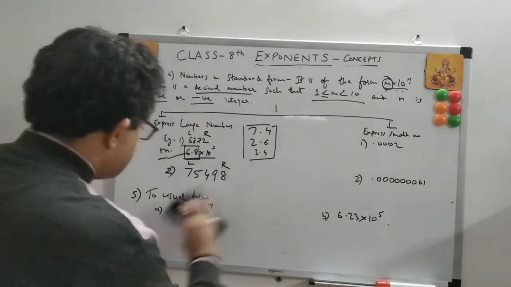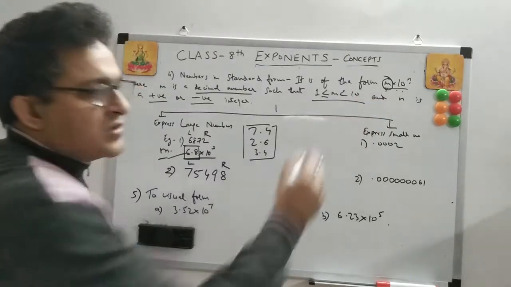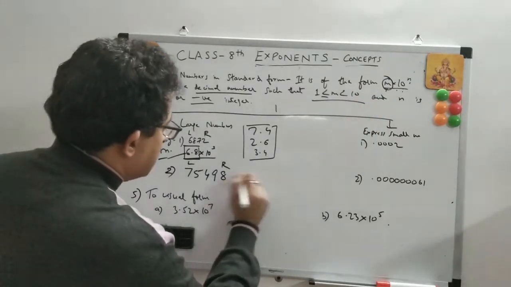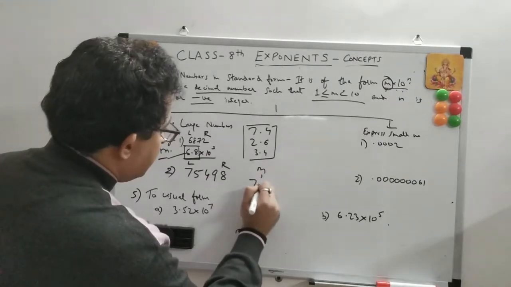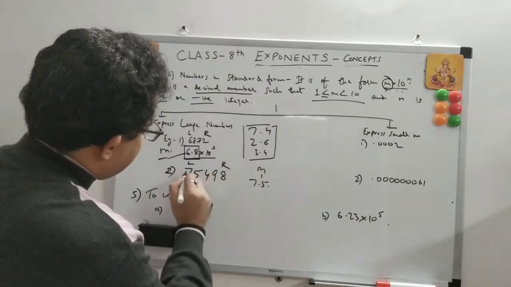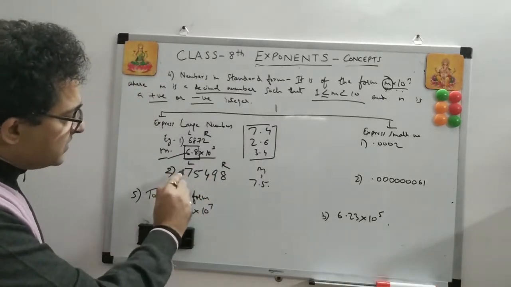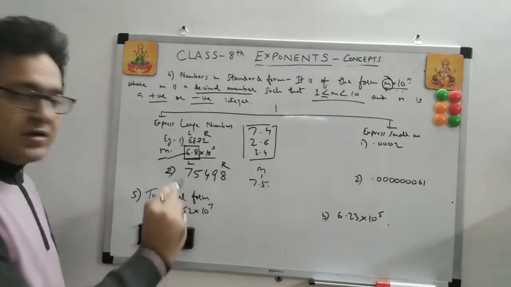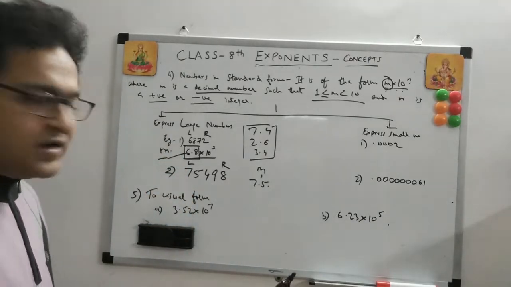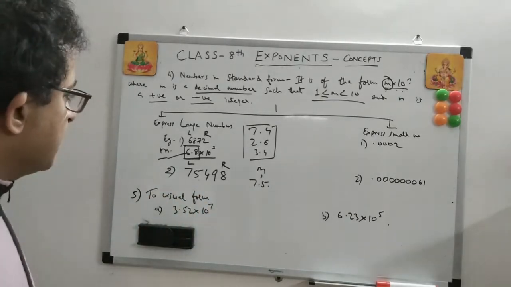Simple. This is the number converting to a standard form. This m has to be a decimal number first. So m becomes 7.5. Just place a decimal from the left to the right between the first and the second number from the left.